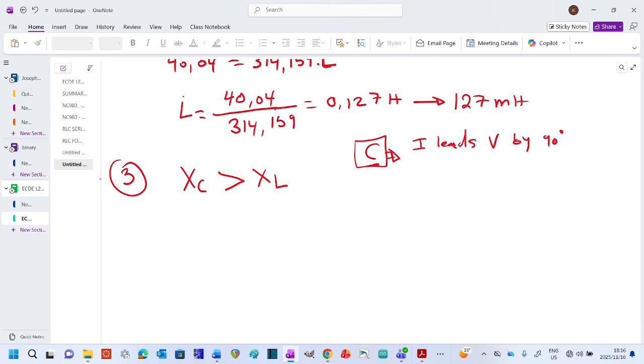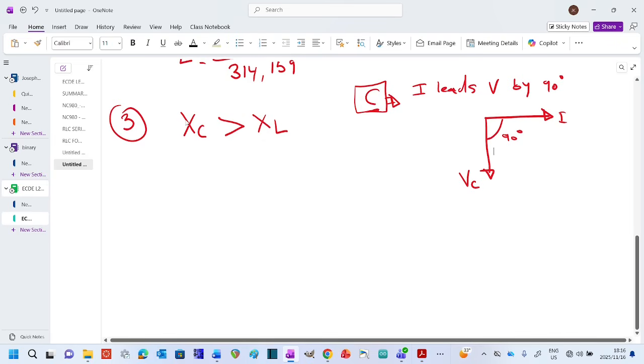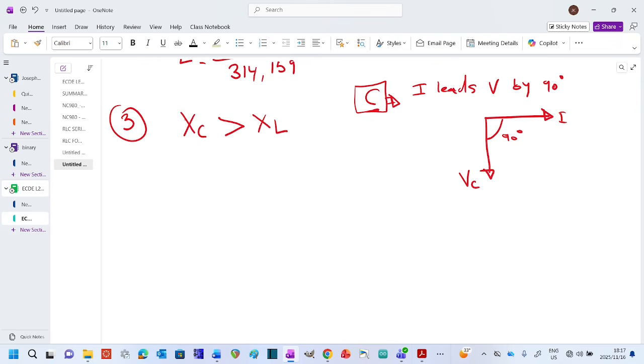In terms of phasor diagram, that's the current, and the voltage will be like that. We're going to base all our phasor diagram ideas on this. So if we come here, this is a series circuit. What is the point of reference in a series circuit?